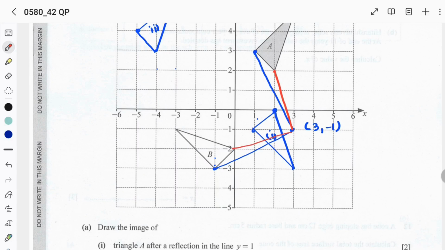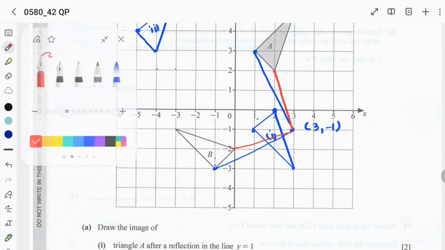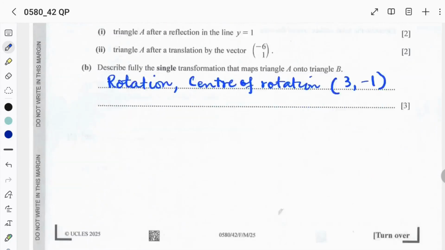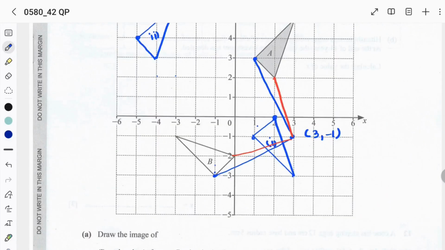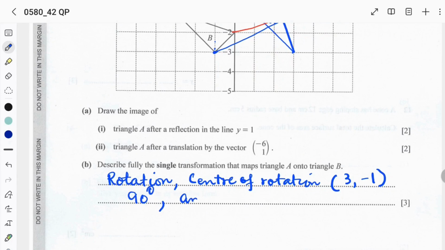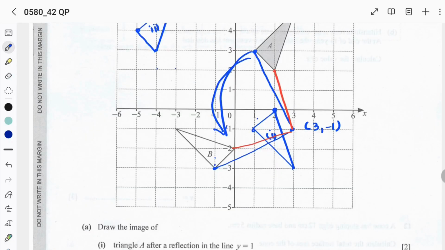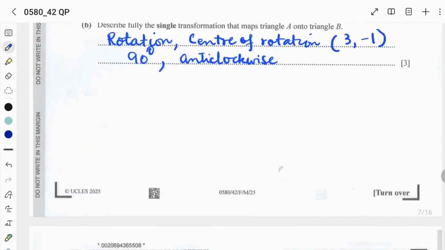So wherever you see, it is 90-degree. And now just write down 90-degree here, and it is anti-clockwise. Erase the other lines. Now go to the next question.